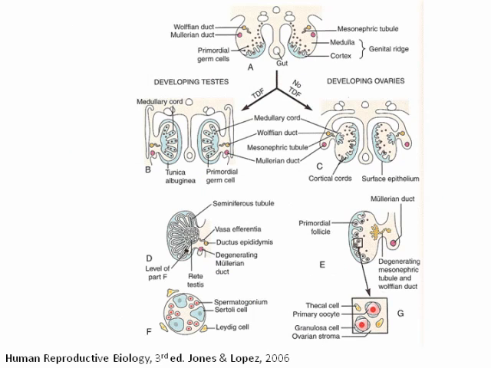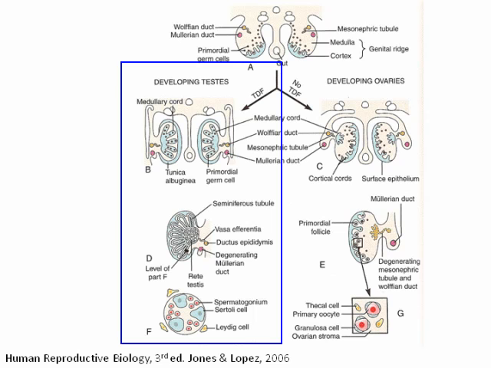This here is just a pretty little picture that shows what happens if you don't have testis determining factor versus if you do have testis determining factor. On the left side of your screen, you basically have the formation of the male. On the right side, you have no testis determining factor, so how exactly is the Mullerian system going to develop?